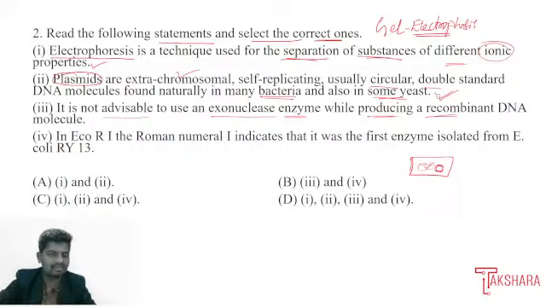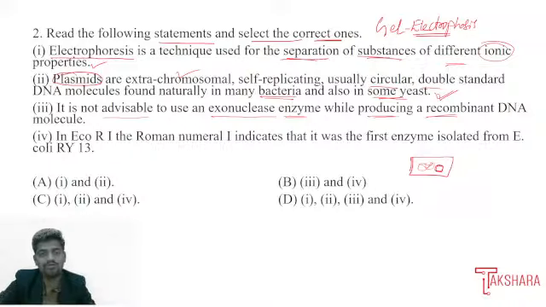Looking at this statement, it is not advisable to use exonuclease in rDNA. We have studied recombinant DNA technology, and during that we have to give first preference to endonuclease; we use only endonuclease, and it is not advisable to use exonuclease. Why is it not advisable?